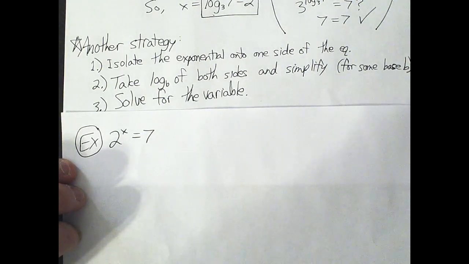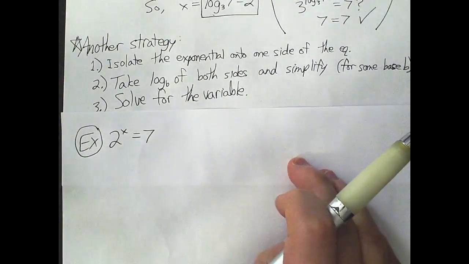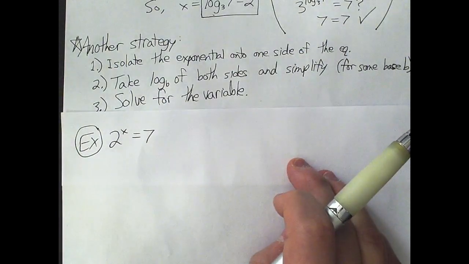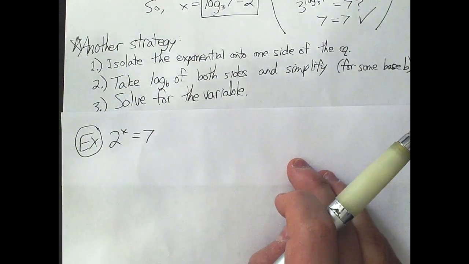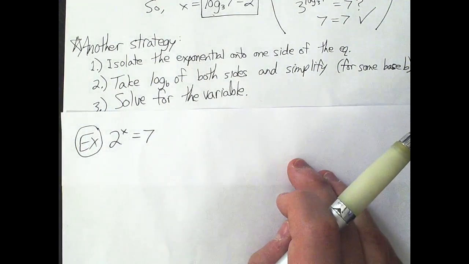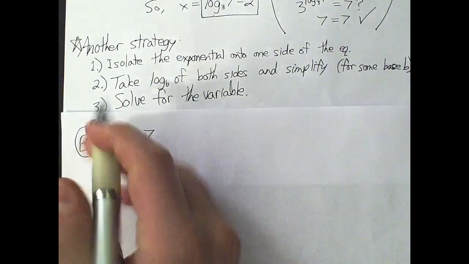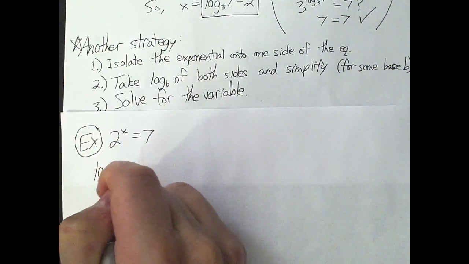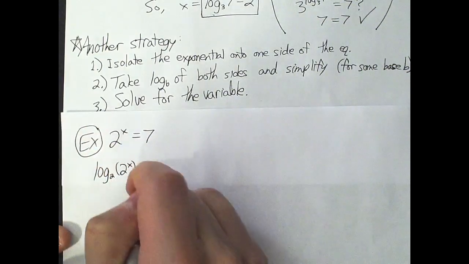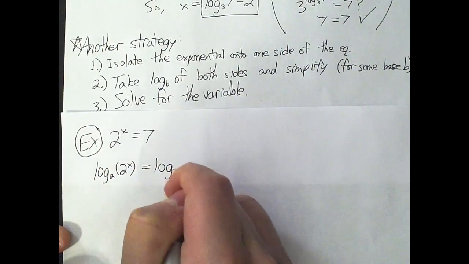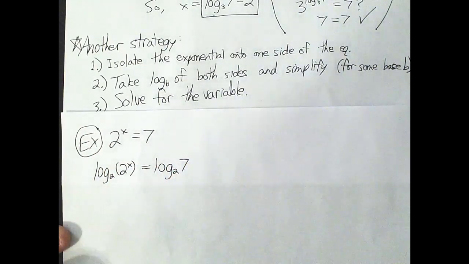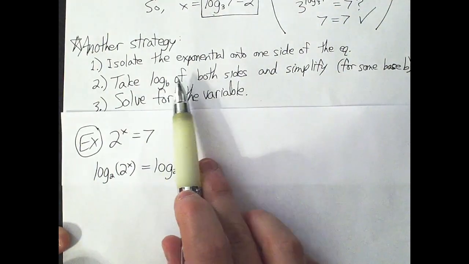Step 2, take log base b of both sides and simplify for some base b. So it's up to us what base we use. I think in this problem I would probably use base 2 because that seems to be the base of the exponential. So let's try doing log base 2 of both sides. We did a log of both sides.